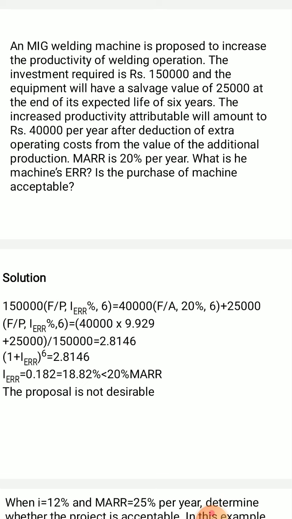As we discussed in the previous project condition, with the same approach we solve this example.